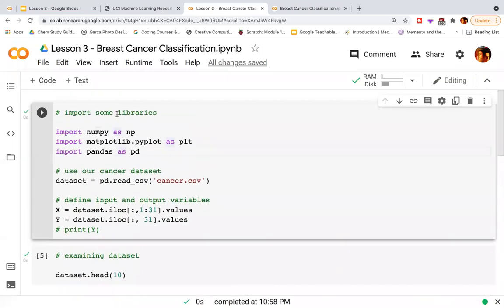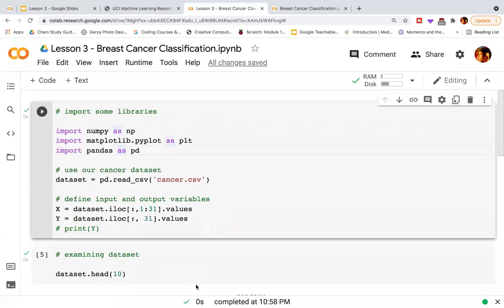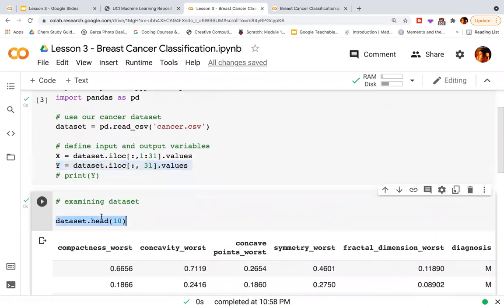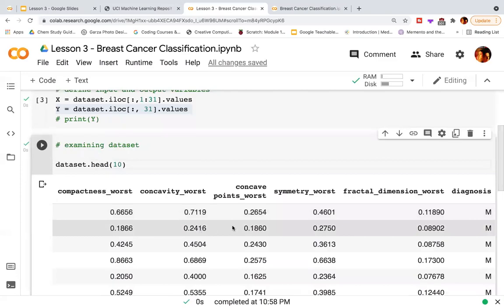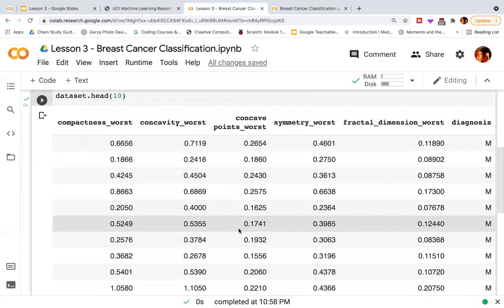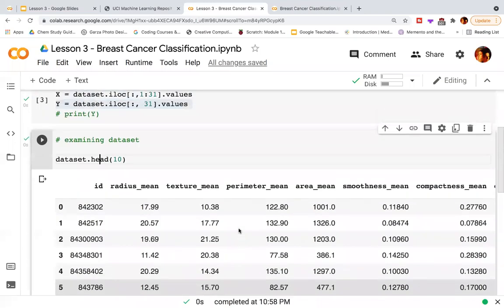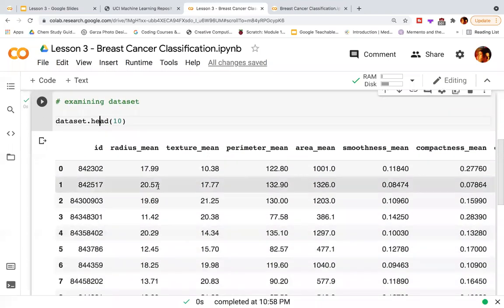The main idea we want to show here, the very beginning of a machine learning project, is something very basic like this. You import some libraries, define your input and output variables X and Y, and then examine your data set just to see what it looks like. You could have done that just by opening the CSV file, but it's nice to see it in code as well. That's another thing we want to emphasize here.